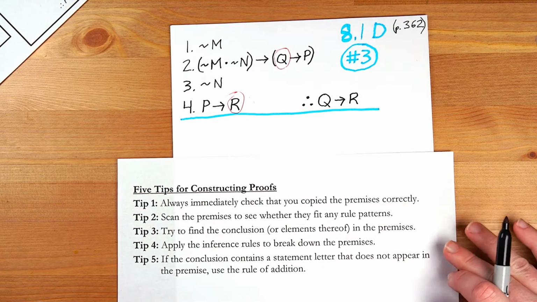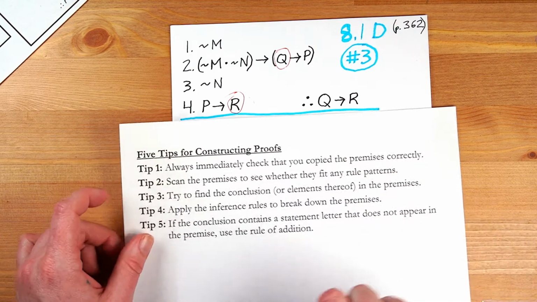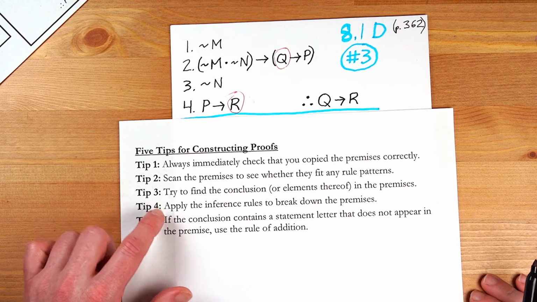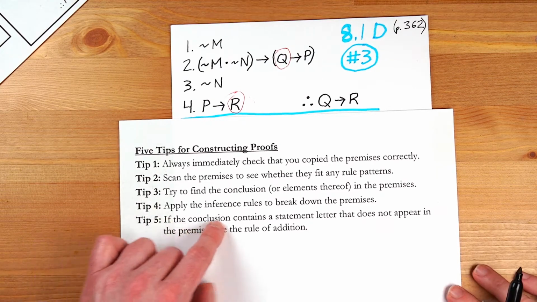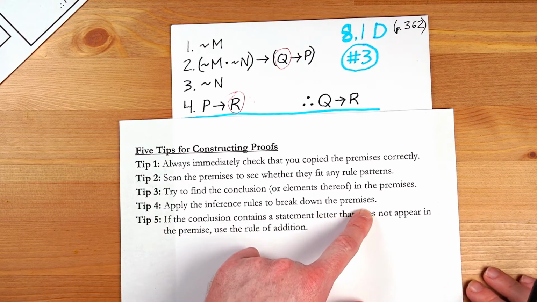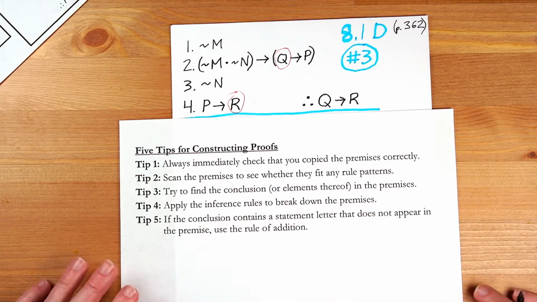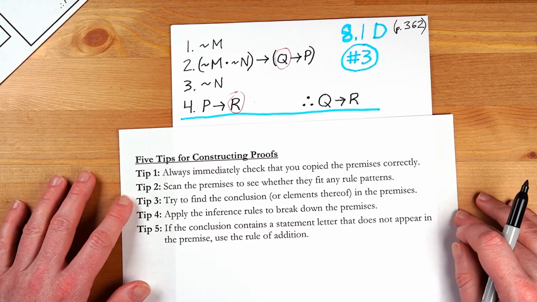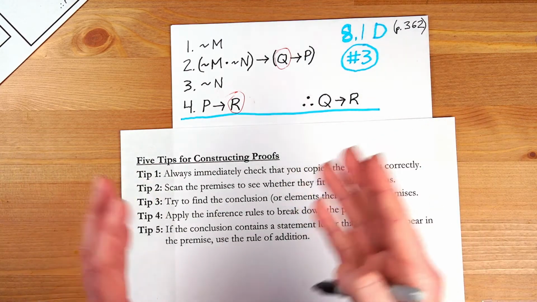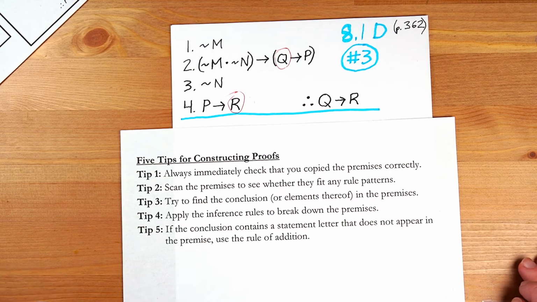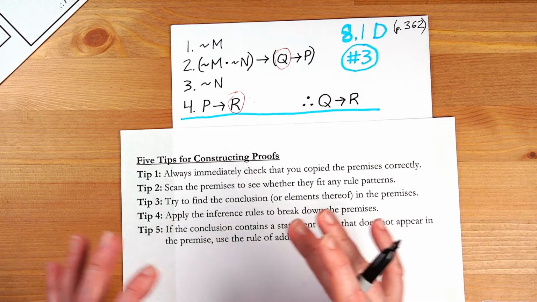And that might get us a little closer, because another one of the tips, remember, is tip 4: apply inference rules to break down the premises. The idea here is a lot of times you can do a lot more when you have smaller premises or smaller statements. There's more things you can sometimes do to them by putting them together.